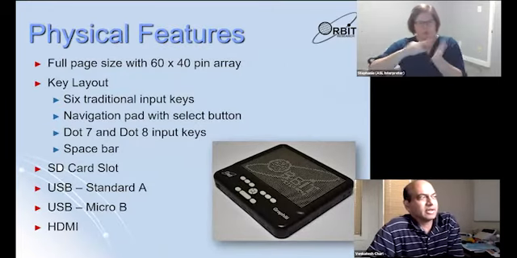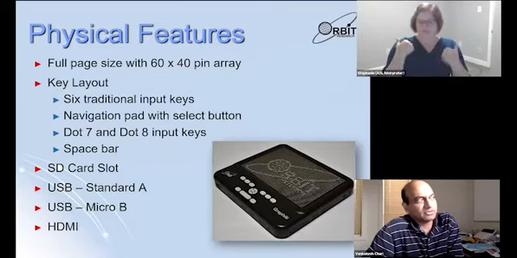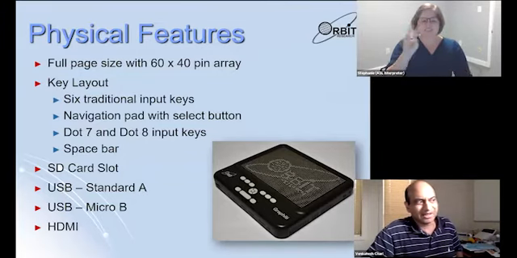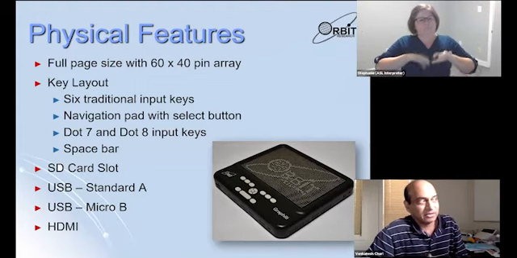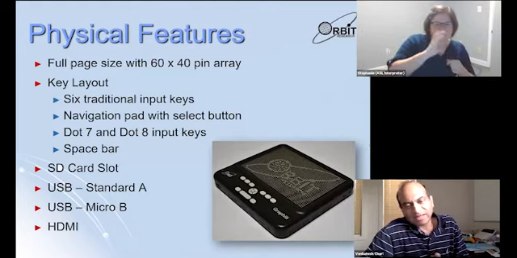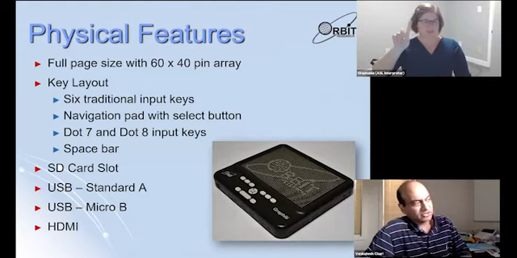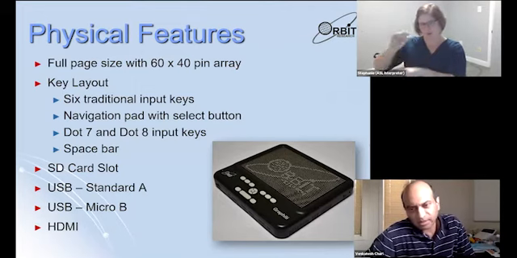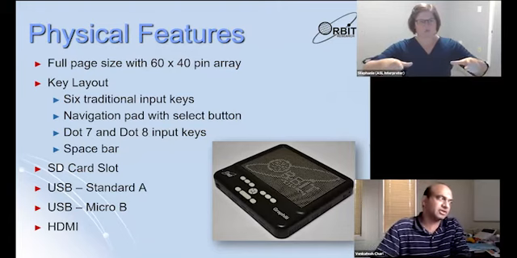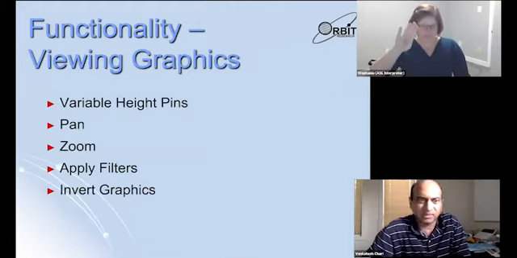The unit also has a braille keypad, which is composed of 6 Perkins-style keys, so that users can enter text, search for files, manage files, even enter text in braille. It also has an SD card slot, through which you can load pictures into it, a USB host port for loading pictures, and also an HDMI port, and we will be talking about the HDMI port as well.